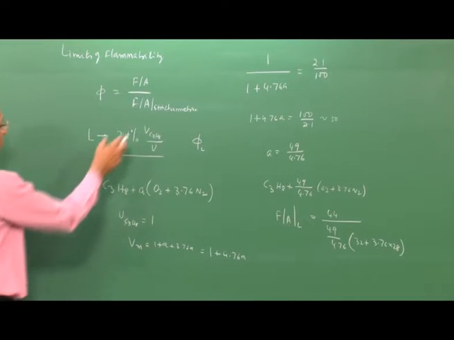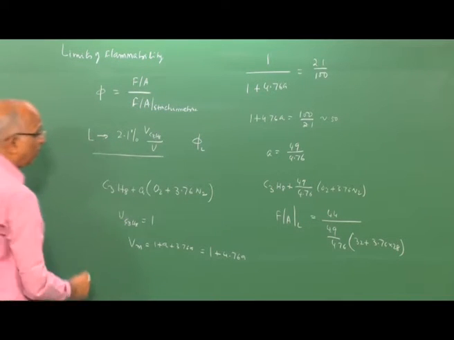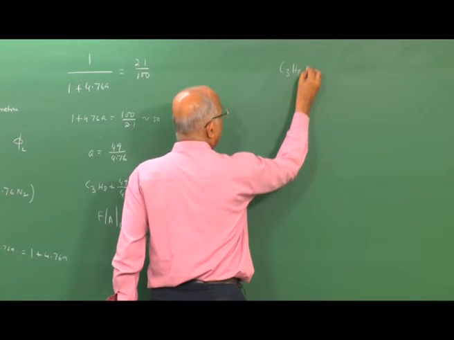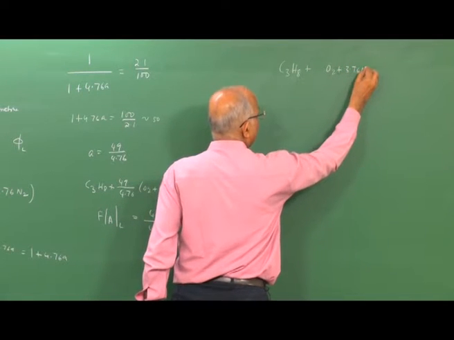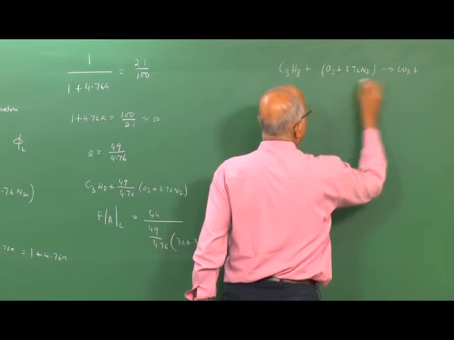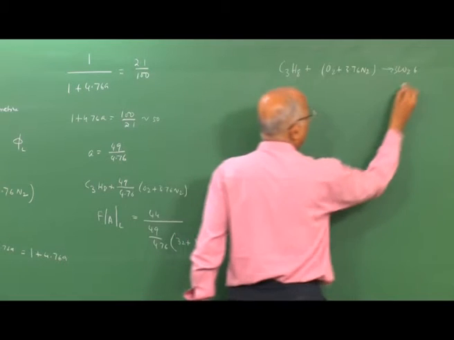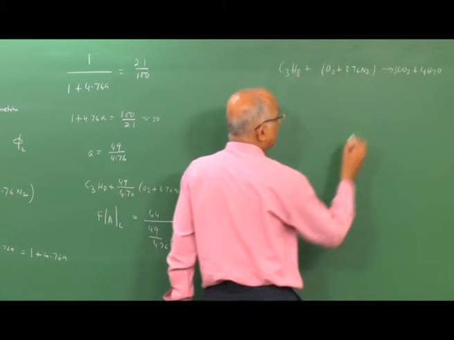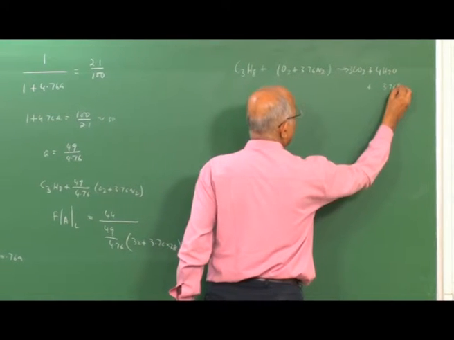And what will be the value for stoichiometry? We again go back and look at the stoichiometric coefficients. I get C3H8 under stoichiometric conditions, when I have air plus 3.76 nitrogen, giving completely burnt products: 3 CO2 plus 4 H2O, corresponding to the 8 H atoms, plus whatever nitrogen is coming, 3.76 into nitrogen.